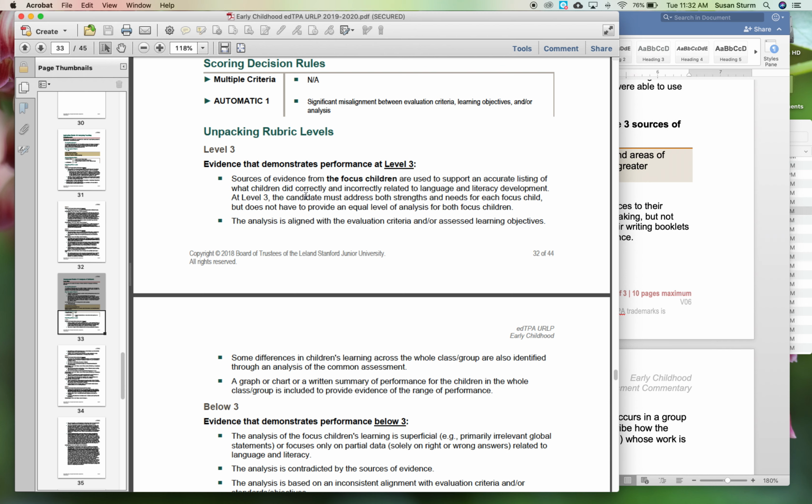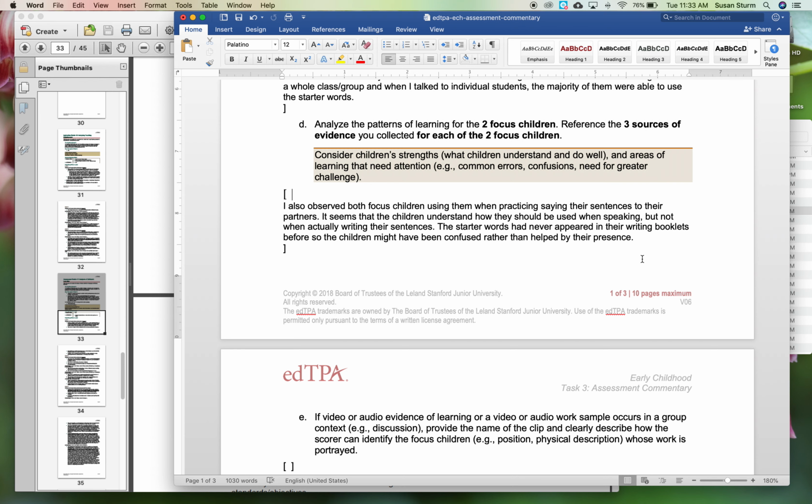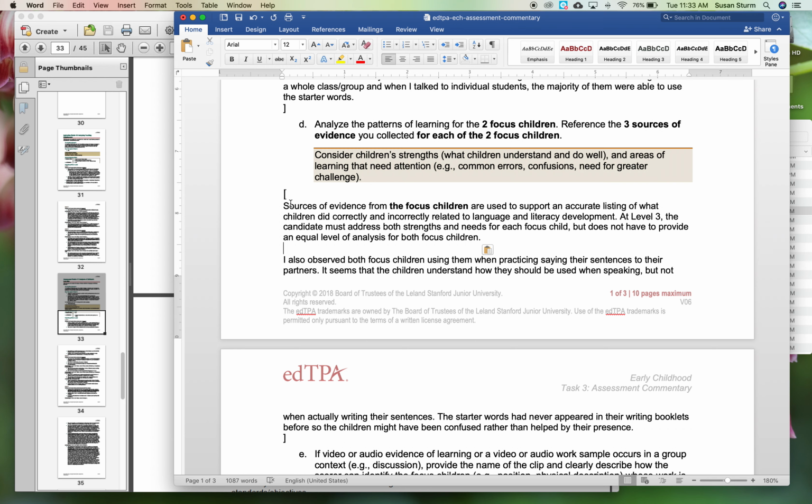Sources of evidence from the focus children are used to support an accurate listing of what they did correctly and incorrectly, and strengths and needs. So this I'm actually just going to cut, copy, and paste. It's a reminder of what's going to go in here based on the rubric.